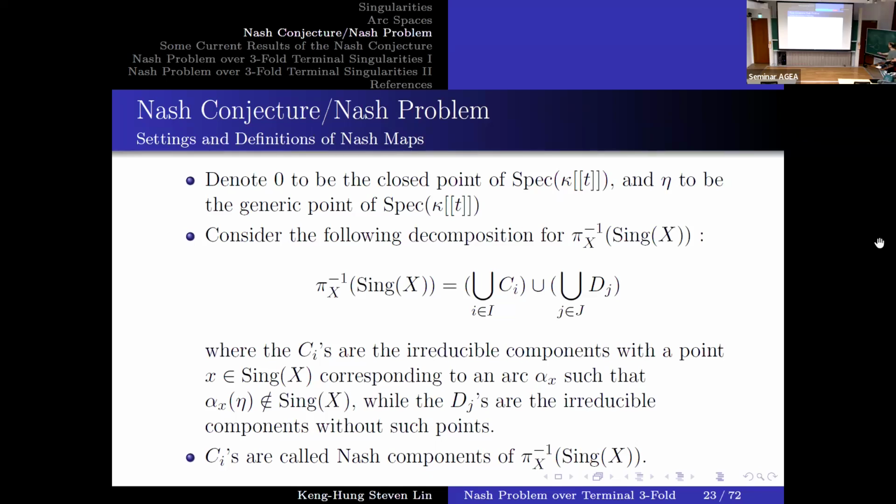Okay, so this C1 to Cn, they are Nash components, which means that for each Ci, we have a bunch of arcs.